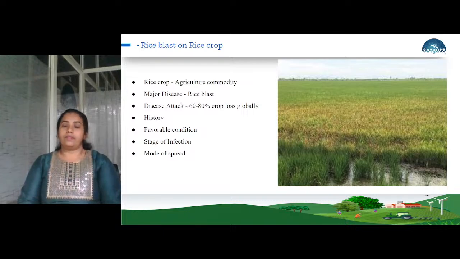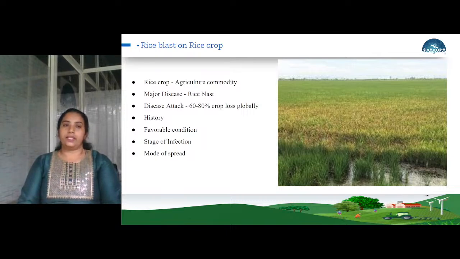So, what are the favorable conditions for this disease? As we know from the fungal diseases, the temperature, rainfall, and the relative humidity play an important role in the disease development. So, coming to the temperature, especially during the night time, when the temperatures are low, say about 15 to 20 degrees Celsius, or temperatures below 26 degrees Celsius, are also favorable for the disease development.